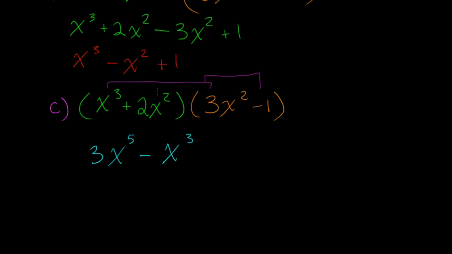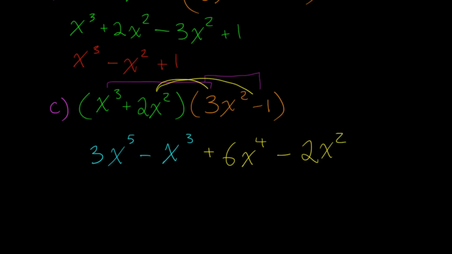And now we'll do the next term. So we have 2x squared times 3x squared. Multiply the coefficients, so 6, and then add the exponents, to the 4th. And then 2x squared times negative 1 is just negative 2x squared.